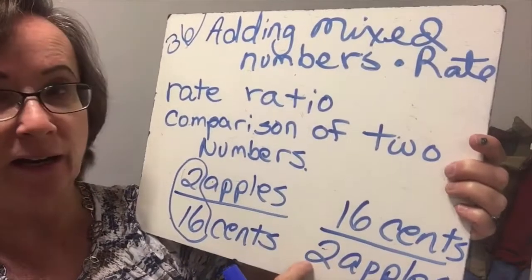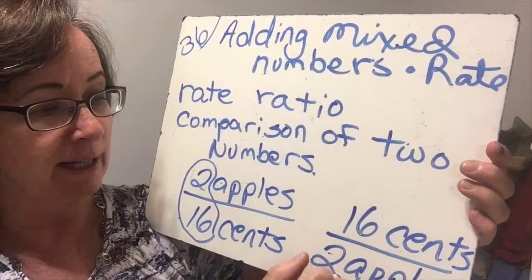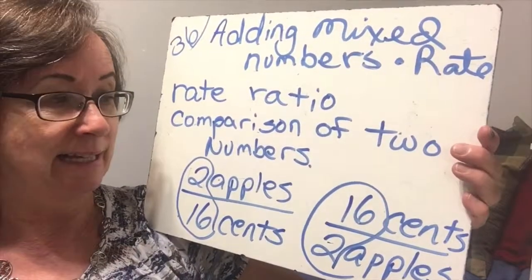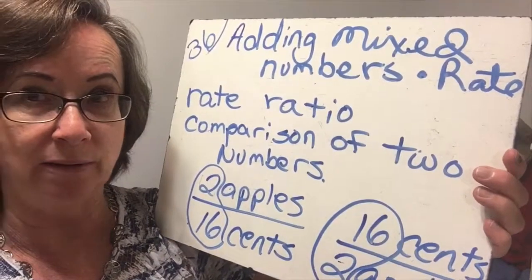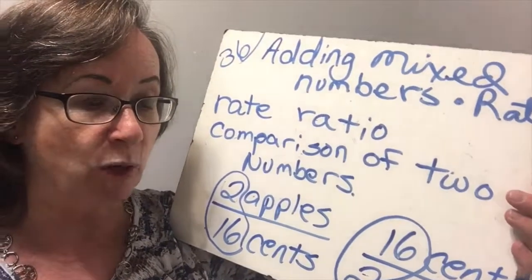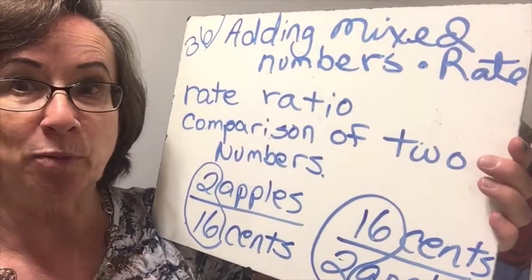Okay, so over here, it's the same thing, but it's written upside down. We could simplify the 16 and the 2. 16 divided by 2 is 8. So we could say 8 cents per apple, which makes sense. Okay, so a lot of times we will use the word per to express the rate.